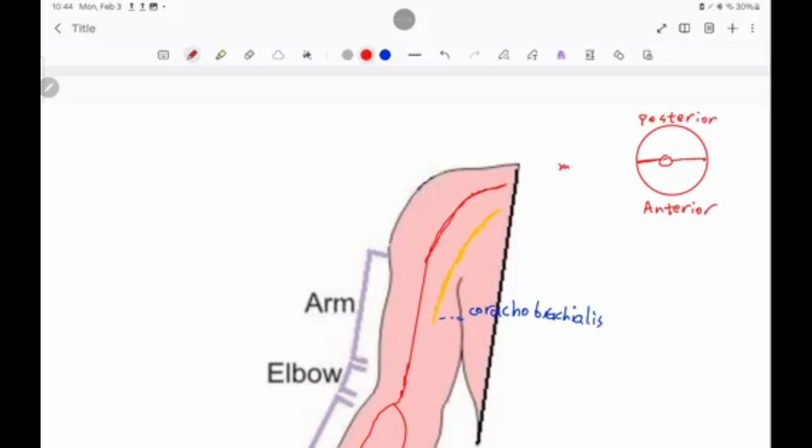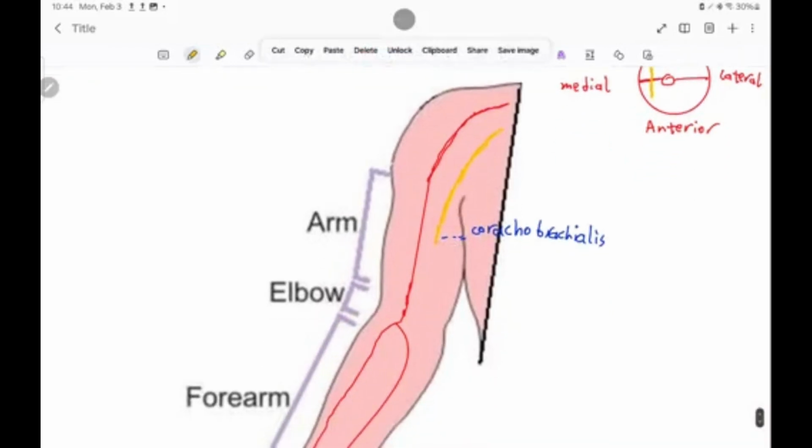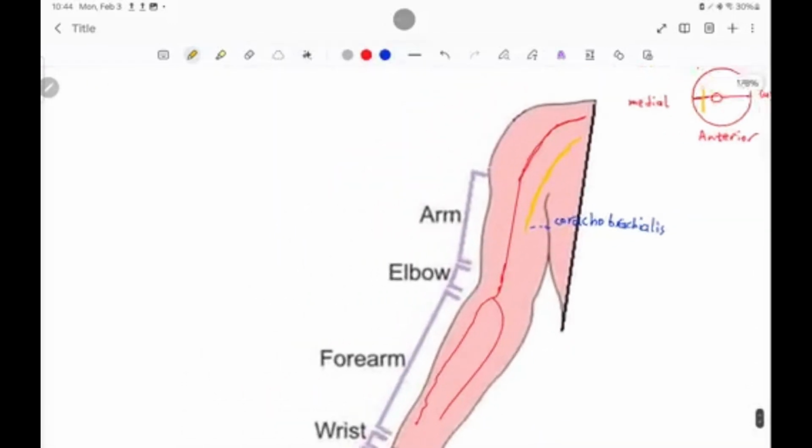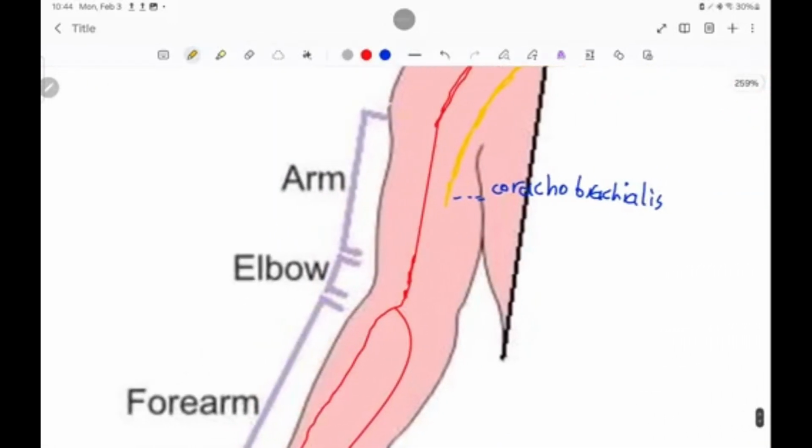This is medial, this is lateral. So the nerve was in the anterior aspect of the arm, and it went through the medial intermuscular septum to the posterior part. Okay, so it will go back to the posterior aspect of the arm.